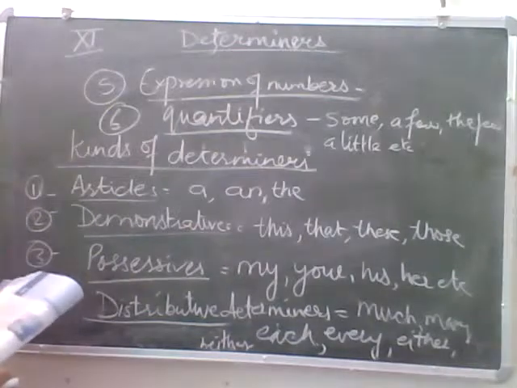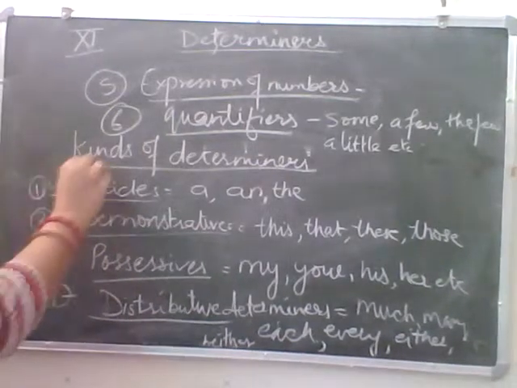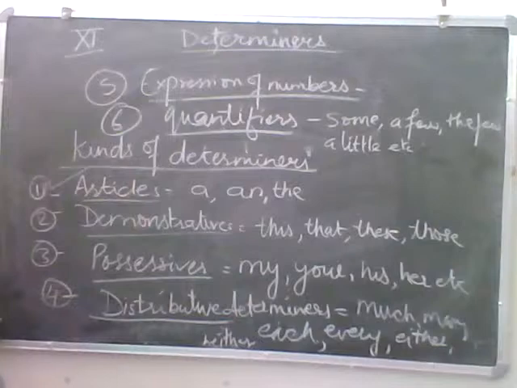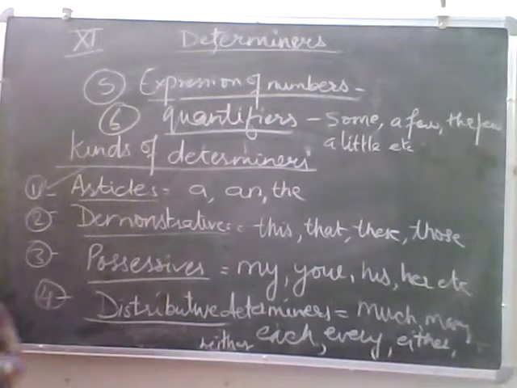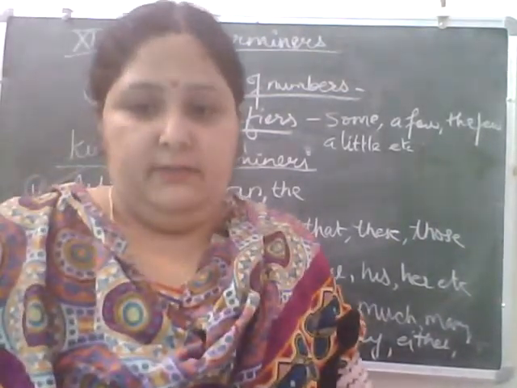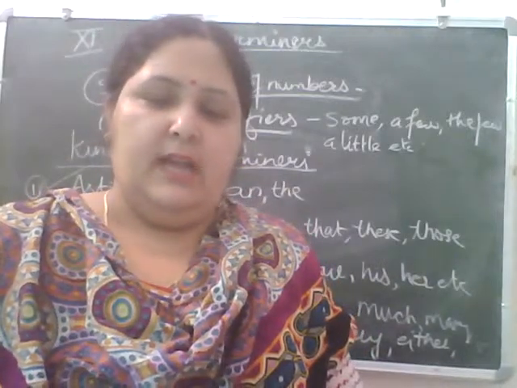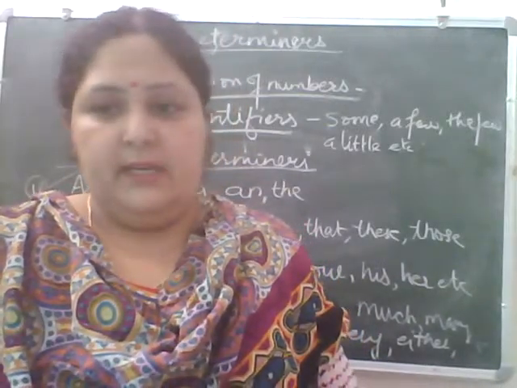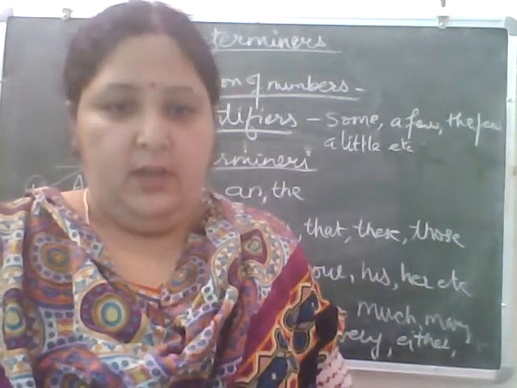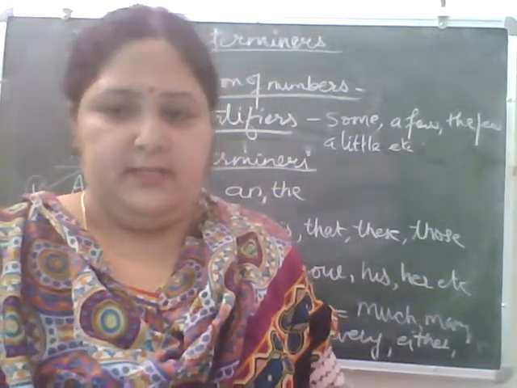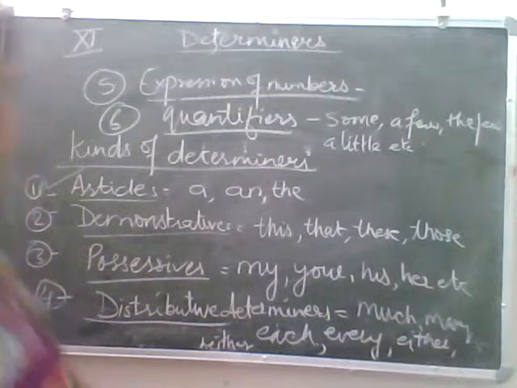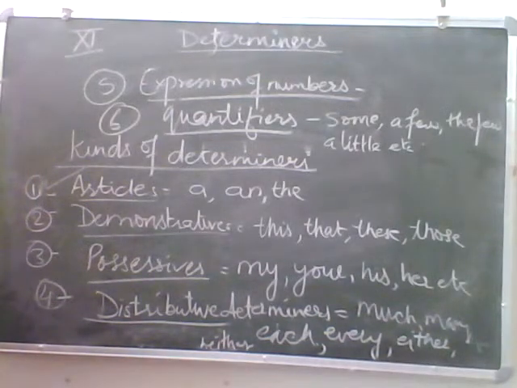So let's explain it one by one. Let's start with articles. You have been doing articles in your previous class. I think we start learning articles right from class 6 onwards, so it will be clear. Let's take a quick recapitulation of where and how articles are used. I hope you all have understood.